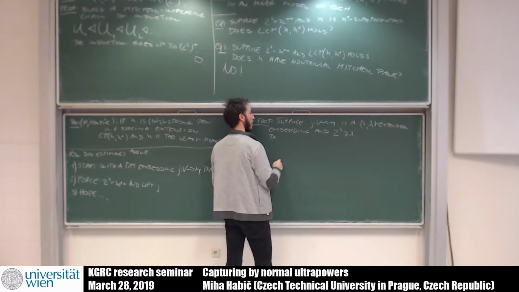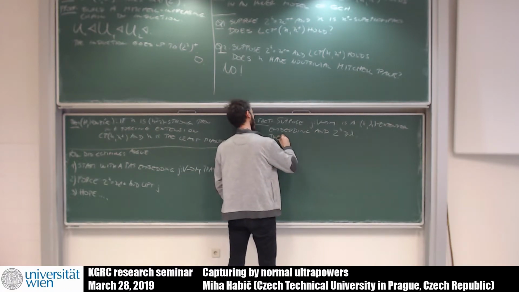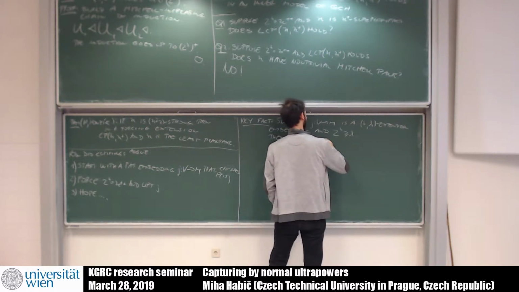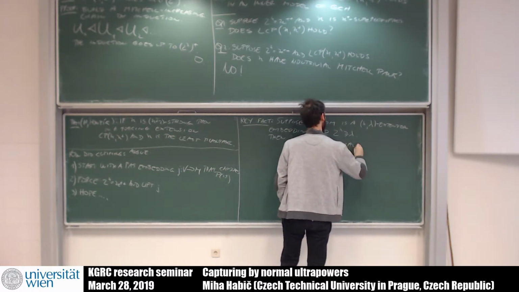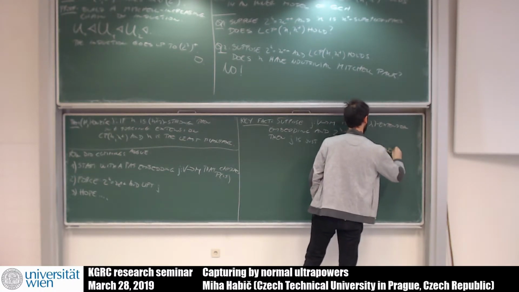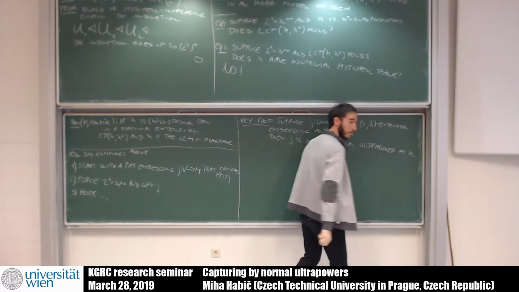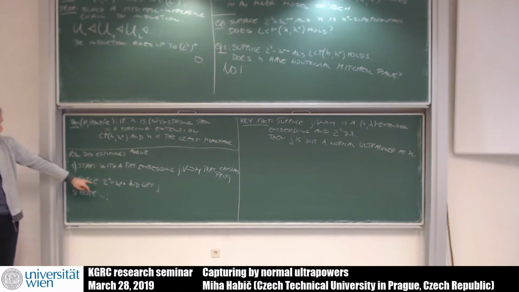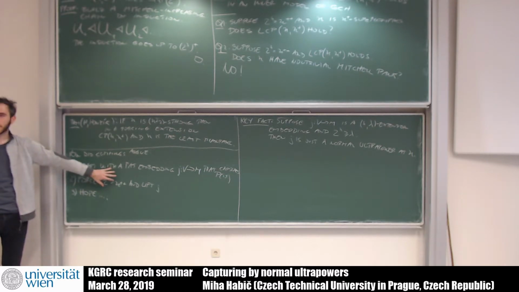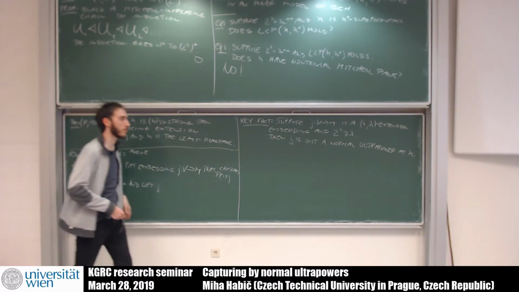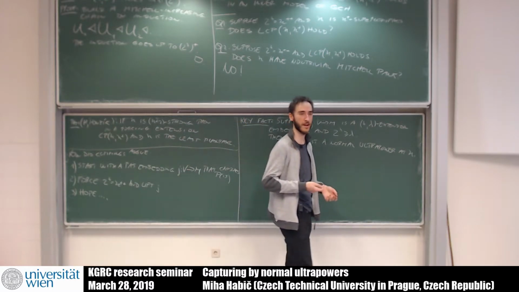So if 2 to the kappa is at least lambda, then j is just a normal ultrapower at kappa. So just by ensuring this absolutely necessary fact about numerology in the model, my embedding from before is going to turn into a normal ultrapower and give me everything that I ever wanted in life.